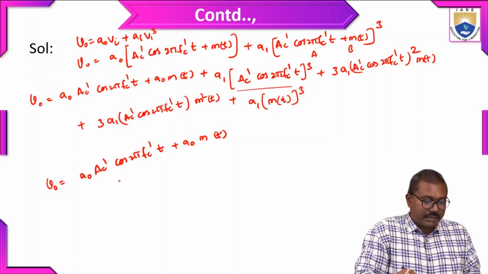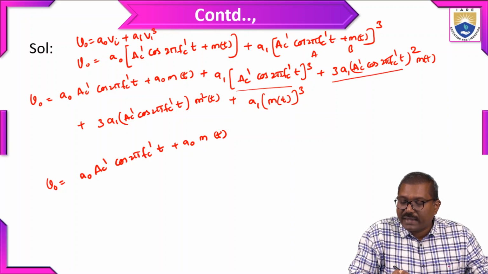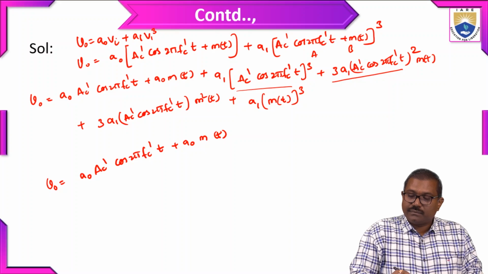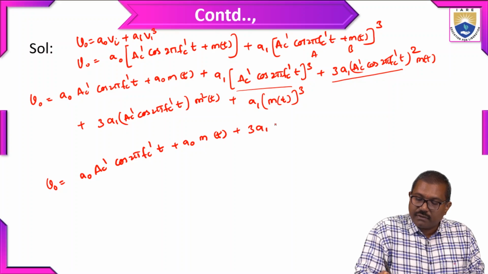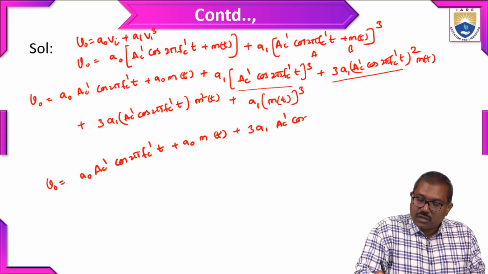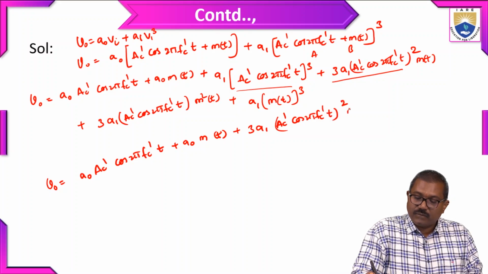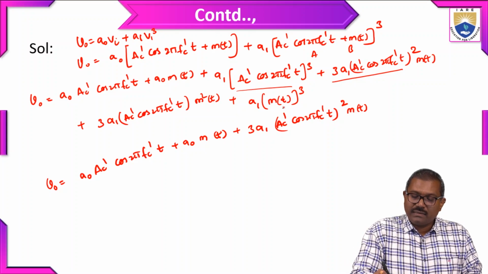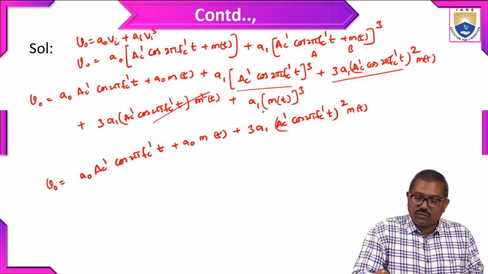And the second one, 3A1 AC dash cos 2 pi FC dash T whole square. Okay. So here I'm taking this 3A1 AC dash cos 2 pi FC dash T whole square M of T. And the remaining, this M square T is unwanted.